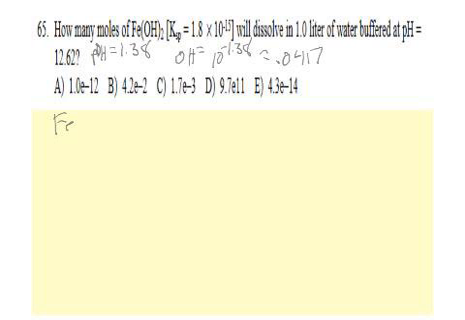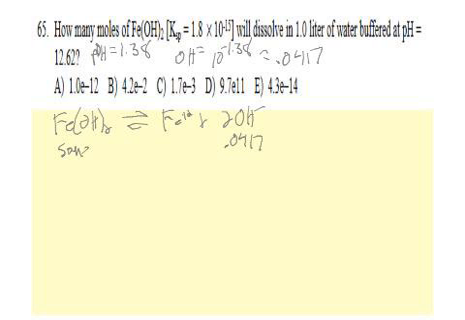So same basic thing, dissolving equation, Fe(OH)2 is in equilibrium with Fe2+ plus 2 OH negatives, and my hydroxide concentration is 0.0417. Initially I have some 0. So how many moles will dissolve in 1 liter? So again, I said moles, not molarity, but it's in 1 liter, so same.